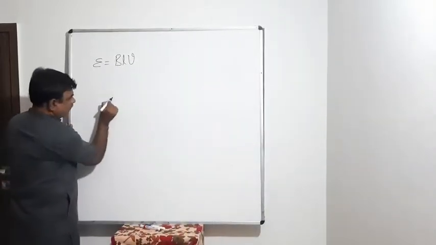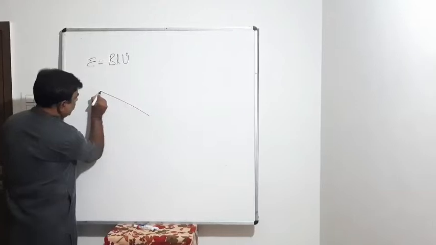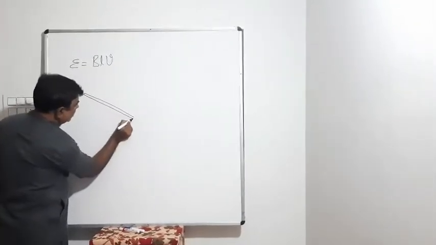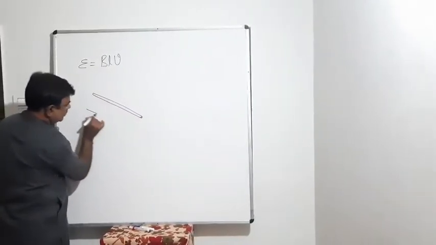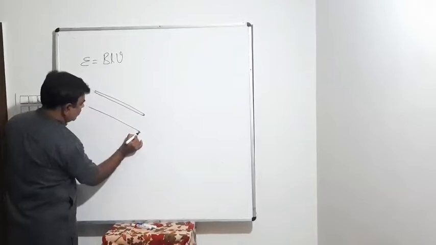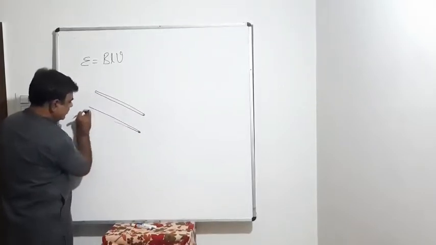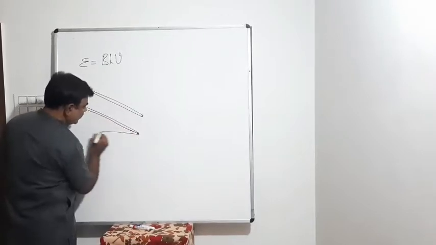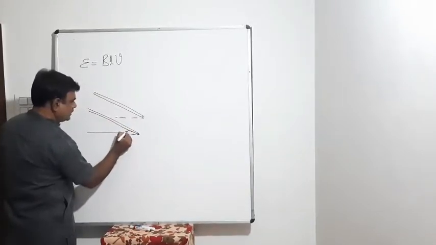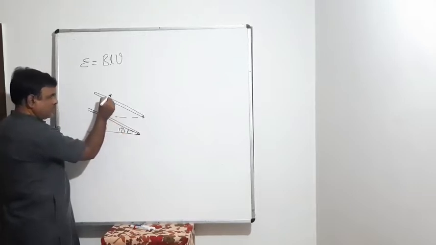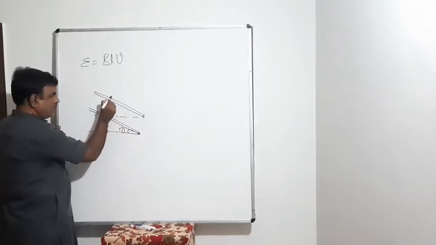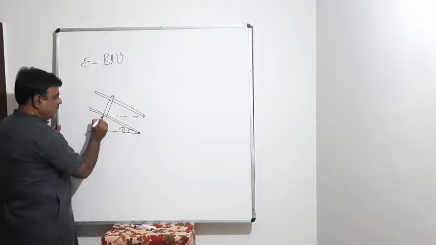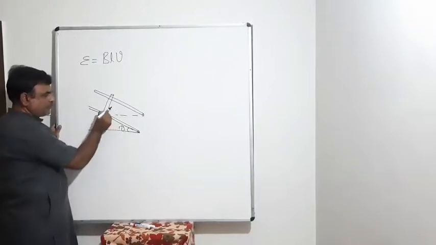For example, we are having two parallel rail tracks which are inclined at certain angle theta with horizontal. And a rod of length L is sliding downward.